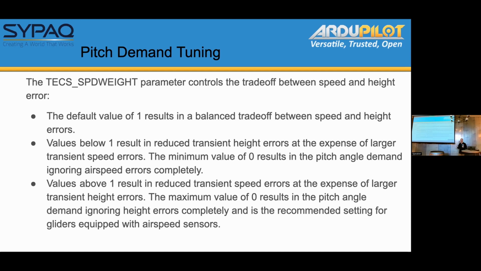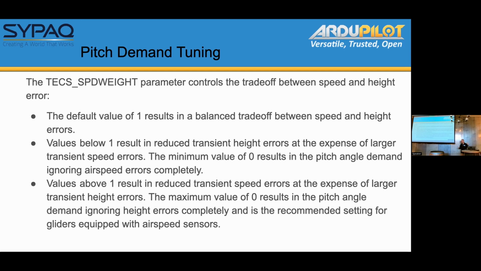But what do you do with the pitch angle? If you climb, you're going to get your height back faster, but you won't get your speed back as quickly. If you don't climb as much, your speed's going to come back up, but your height's going to stay low. And the weight controls the compromise between speed and height control.